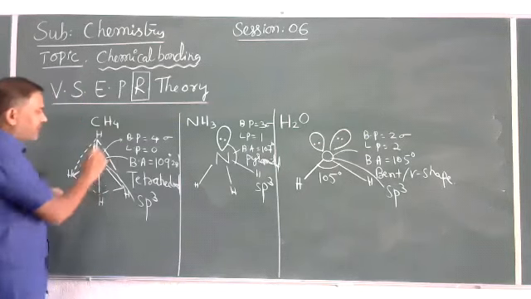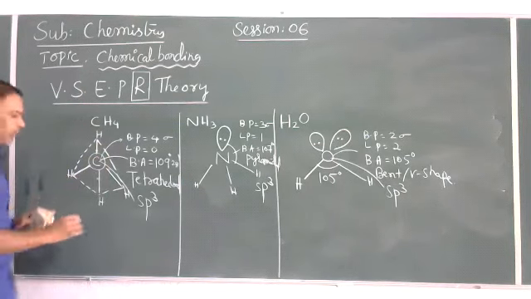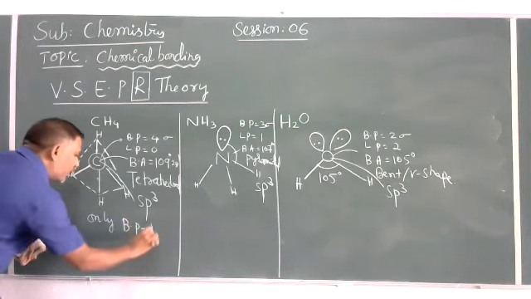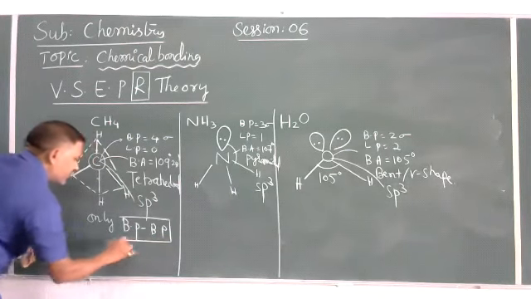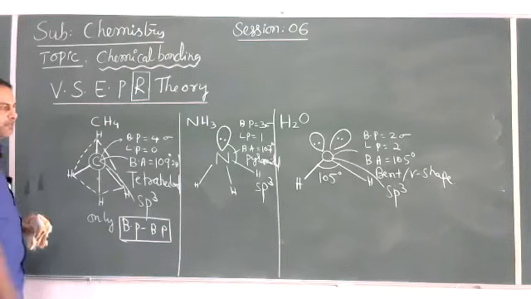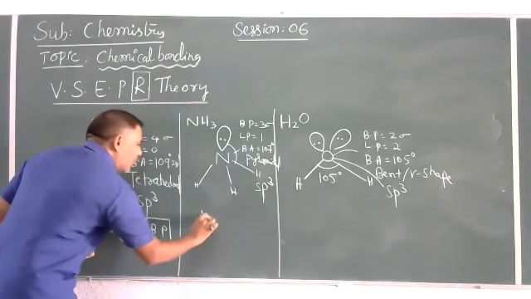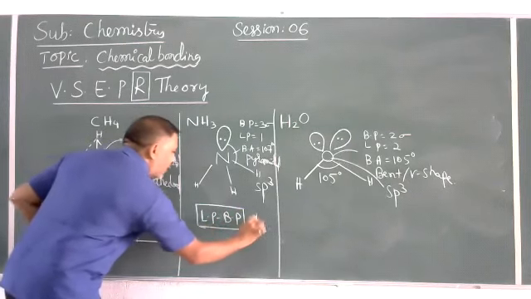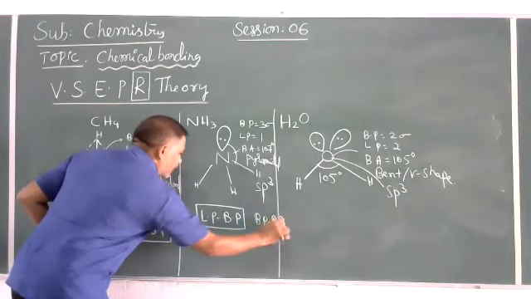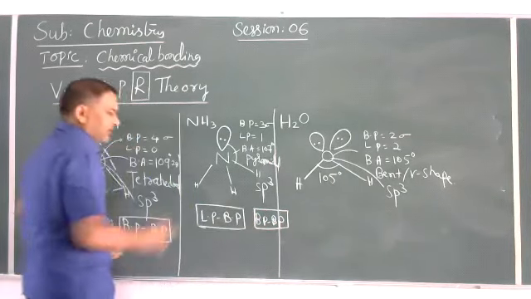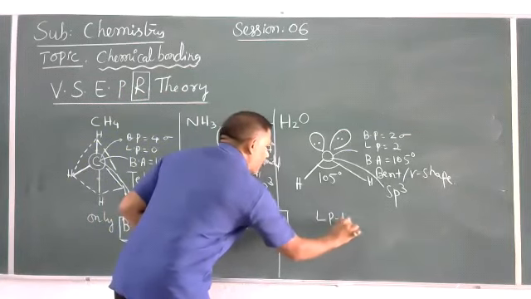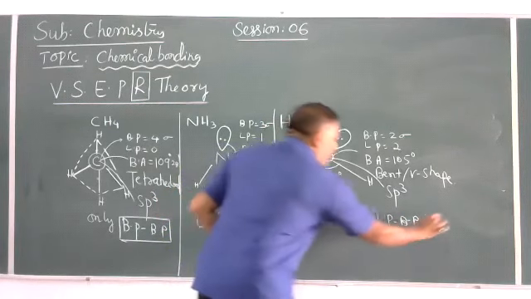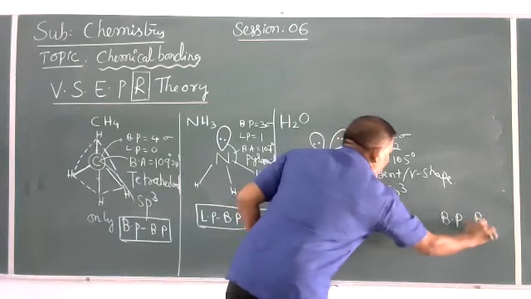In the CH4 molecule, only bond pair and bond pair repulsions are present. In NH3, lone pair and bond pair repulsions are there as well as bond pair and bond pair repulsions. In water, there are lone pair and bond pair repulsions and also bond pair and bond pair repulsions.